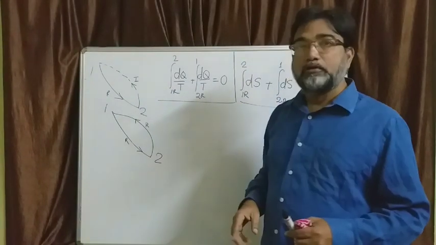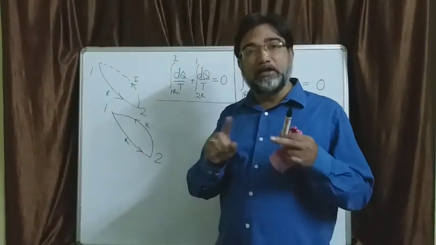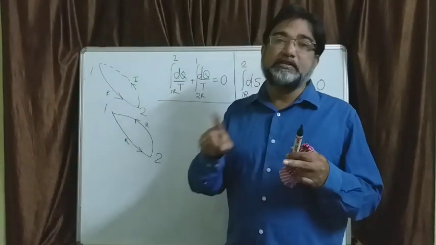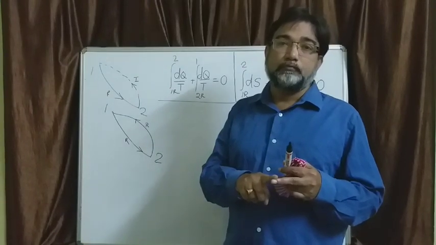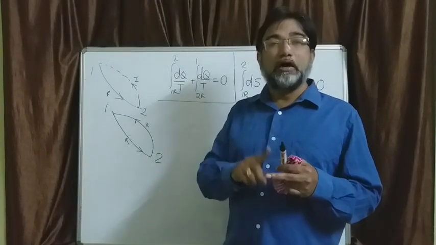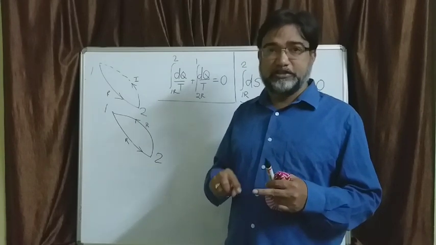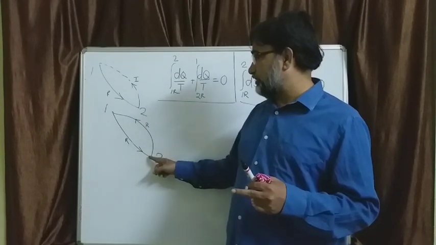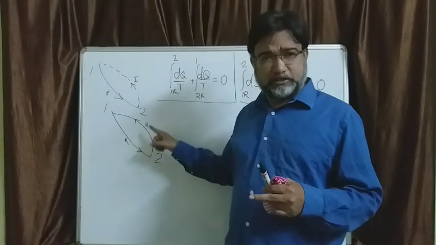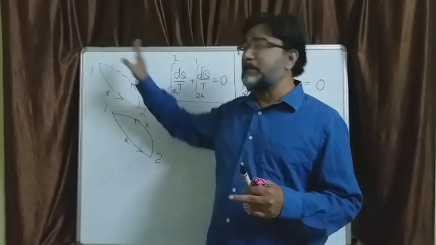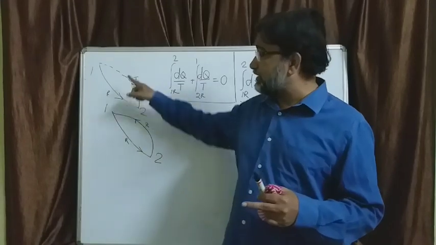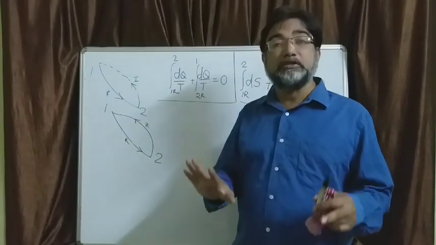Both are cycles having the same initial point 1 and the same final point 1. Both have one reversible process 1 to 2, exactly the same. But what is the difference? The difference is that the return process 2 to 1 is a reversible process here, and 2 to 1 is an irreversible process here, which makes this second cycle an irreversible cycle.